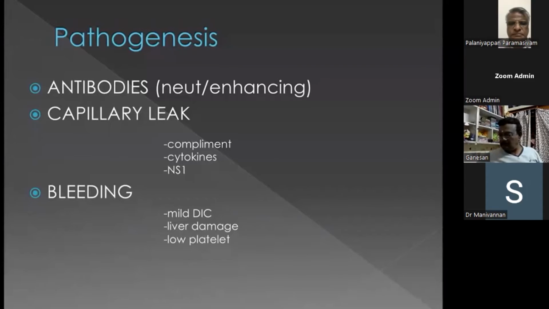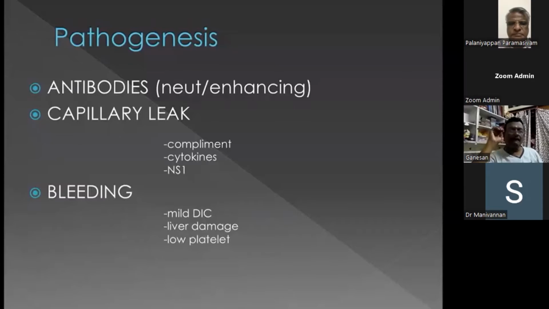Thereby, it causes the capillary leak. So this capillary leak is responsible for hypotension, hemoconcentration, shock, hypoalbuminemia, and hyponatremia. All this kind of problem occurs because of the capillary leak.